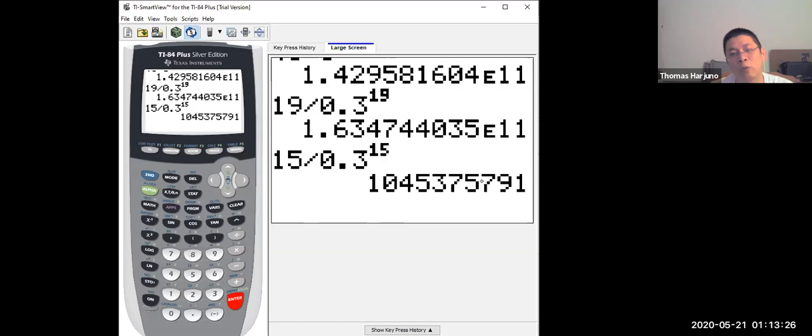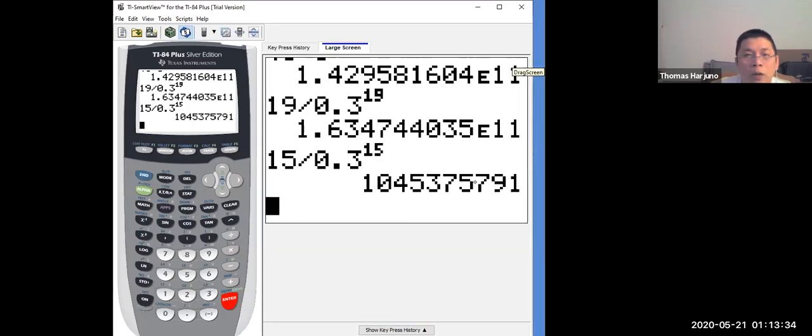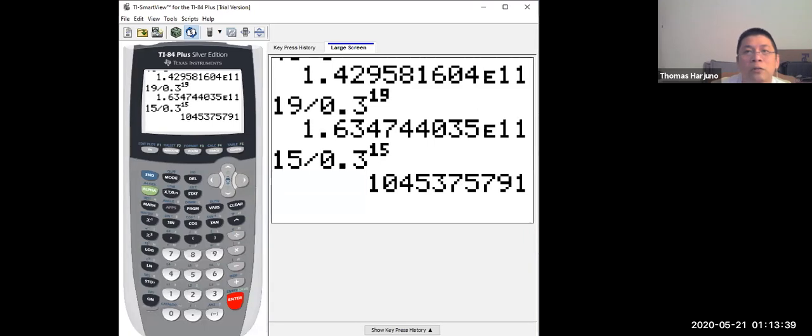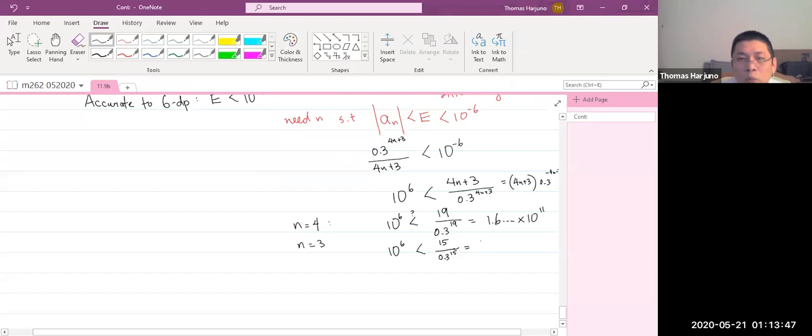It's definitely more than 10 to the 6. It's definitely more than 6 decimal places. Okay, let me go back. Oh wow, it seems like it converged quite fast. So this is 1 something times 10 to the n.